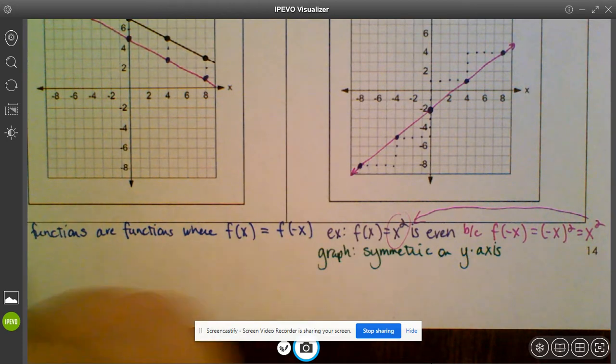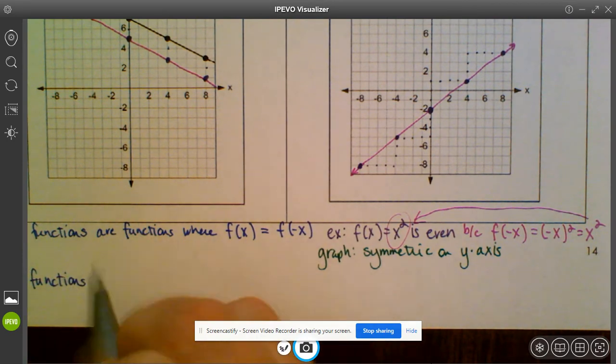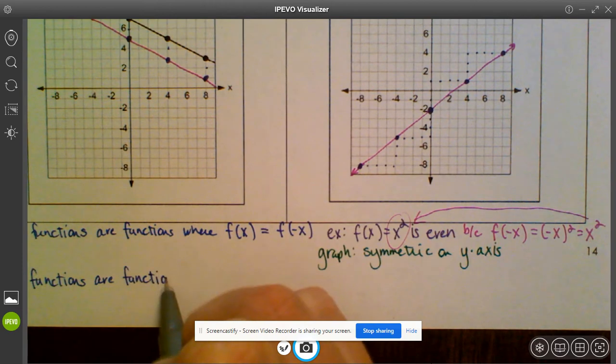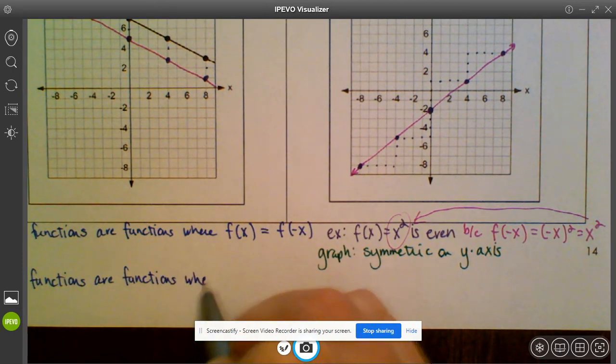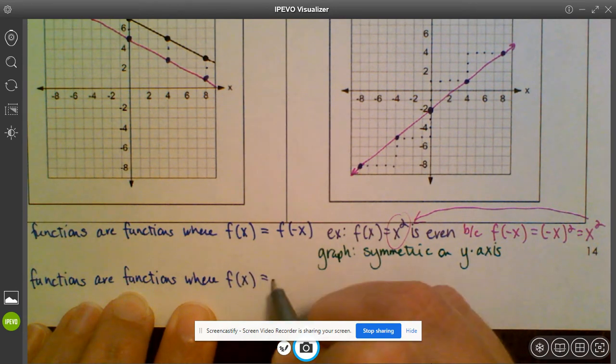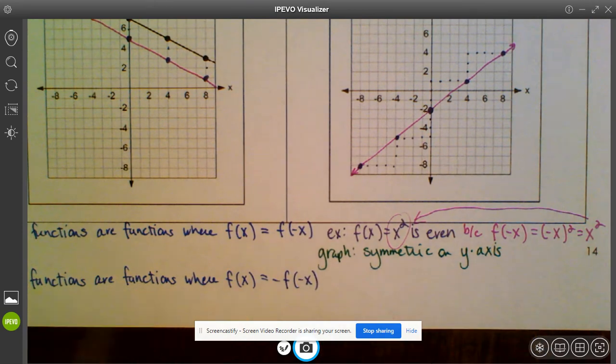All right, so an odd function is a function where when you substitute negative x, you get the negative y. Okay? So an example of that is x cubed.